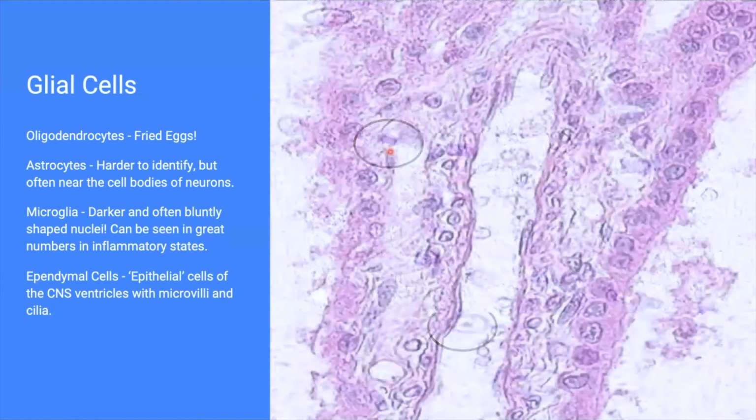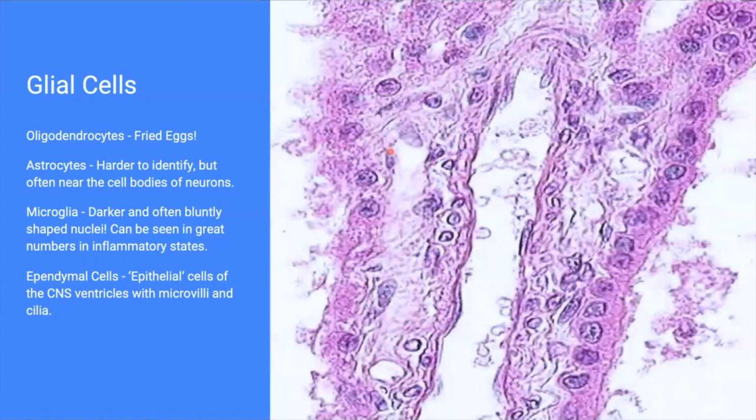All right, and then finally, we'll just take a quick look at ependymal cells. These can simplistically be thought of as the epithelial cells of the central nervous system. So these are the cells that are lining our ventricles within our CNS, and they are the ones responsible for producing our CSF.